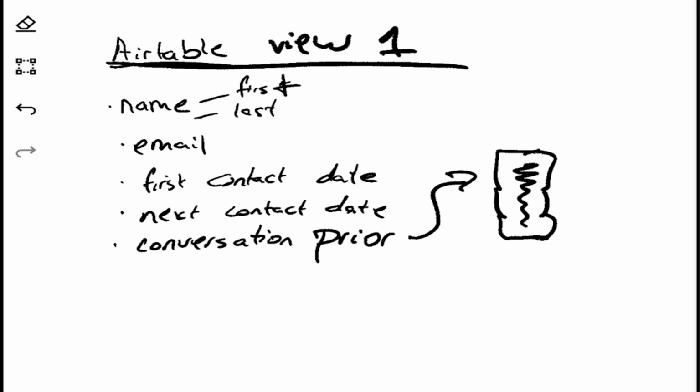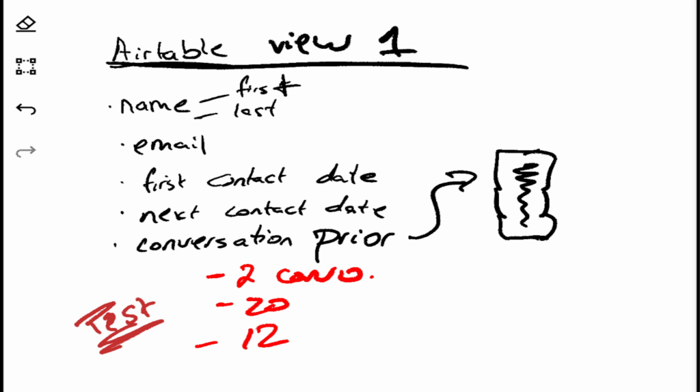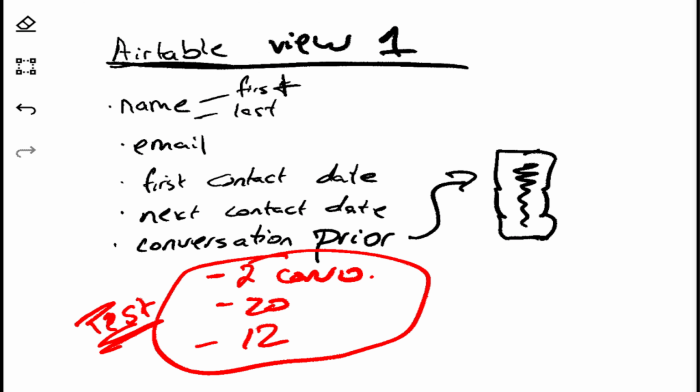For this example, the prior conversation should be different for each record. For example, with some we might have 2 conversations, with some we might have 20, with some it might be 12. So the back and forth between the conversations, just for this test data, we need to have some data to work with right there. And that's pretty much it.